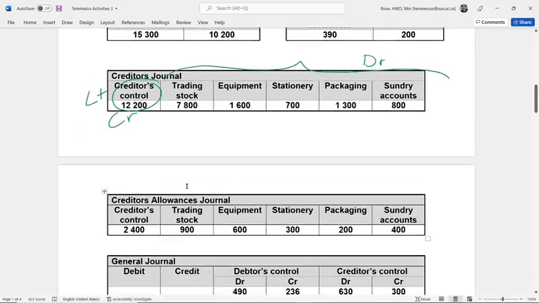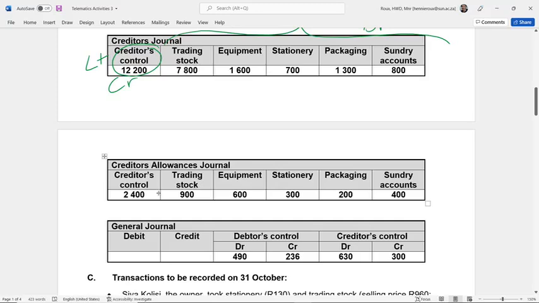Creditors allowance journal, now we are returning what we bought. So creditors control, which is a liability, will decrease. So therefore we will debit that, because we know liabilities decrease on the debit side. And we will credit the rest.